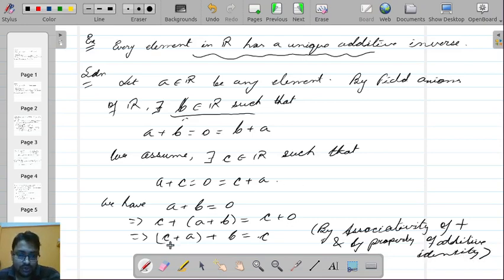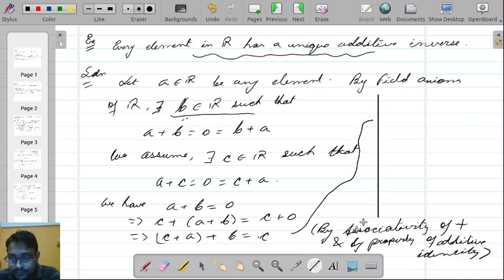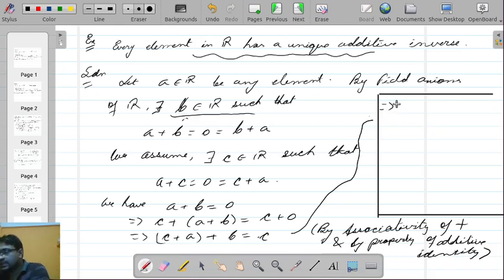Right? So in the next step, let me do it here itself so that we don't miss out. So in the next step what we are doing is this, just one more two lines. So from here we'll get C plus A. C plus A is given to be 0.